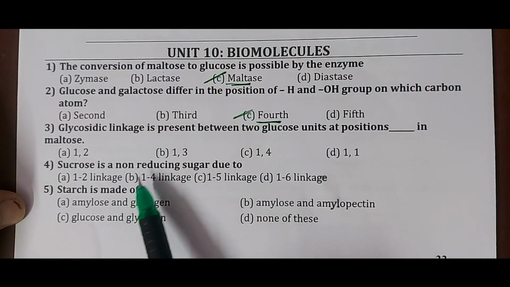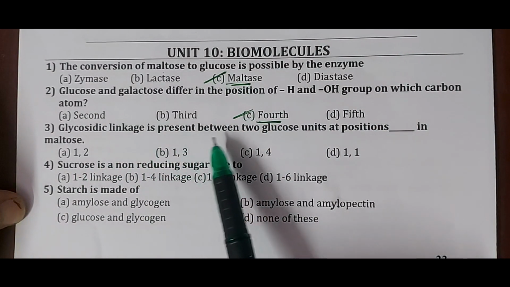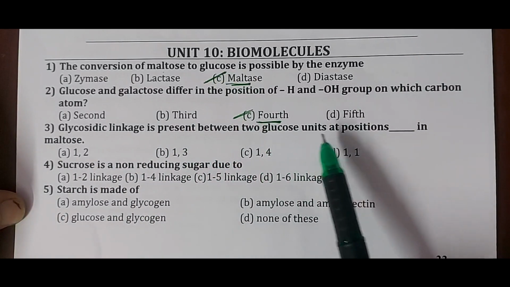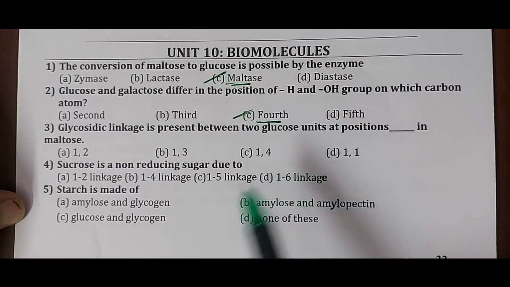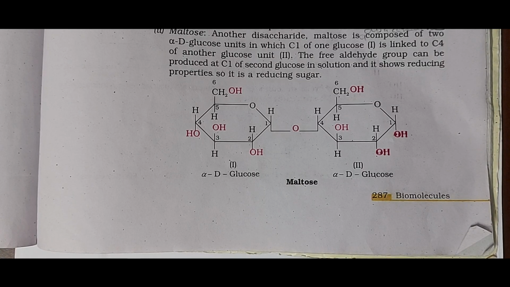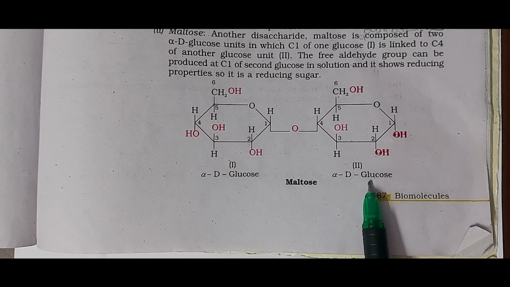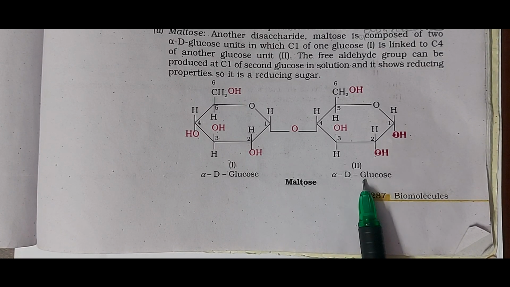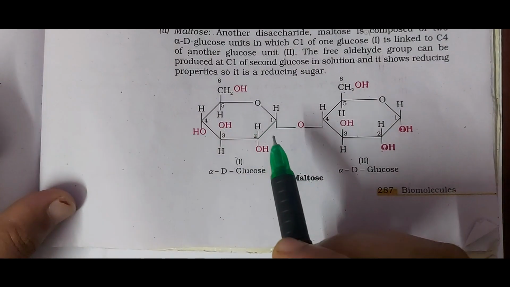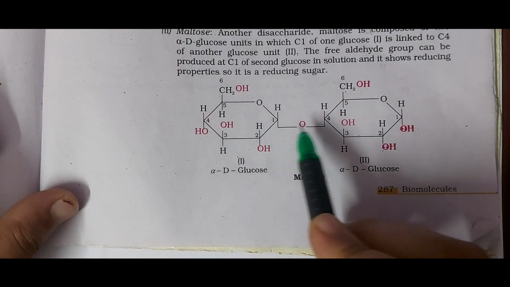Next, question number 3. Glycosidic linkage is present between two glucose units at positions dash in maltose. So we'll see the structure of maltose and then come to the conclusion. This is the structure of maltose as per your NCERT textbook. Two alpha D glucose units are joined together by a glycosidic linkage. Here it is given 1, here it is given 4.